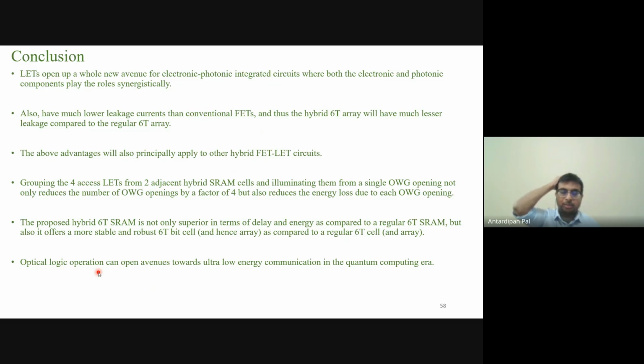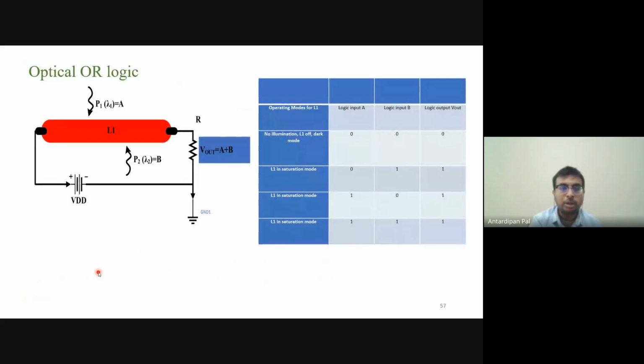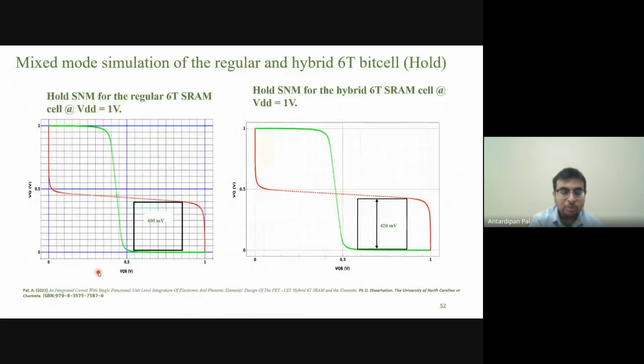Also, those optical logic operations that I showed you in the last slide have a huge impact on quantum computing, because these optical LETs not only can perform as optical logic gates, they have other functions too, which I cannot discuss here due to shortage of time, but you are most welcome to read this paper. I'll show you the paper. Give me a sec.